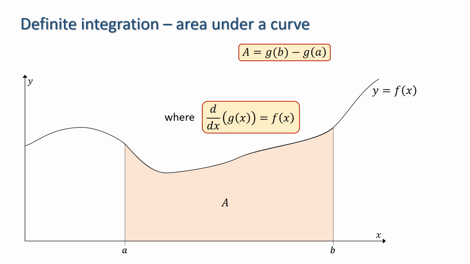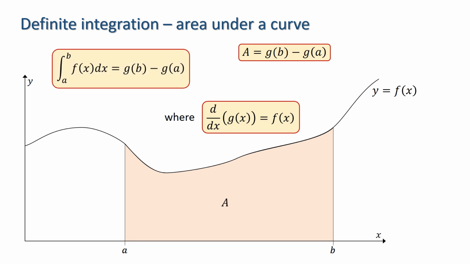We write this as the integral between limits a and b, which you can see are written either end of the integral sign, of f of x dx equals g of b minus g of a, where d by dx of g of x equals f of x. Remember that definite integration generates a numerical value as the result, whereas indefinite integration provides a family of functions as the result.